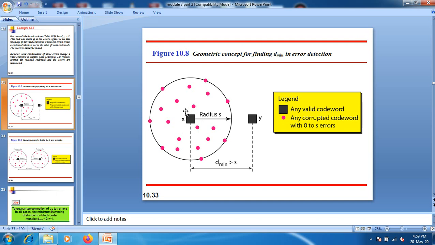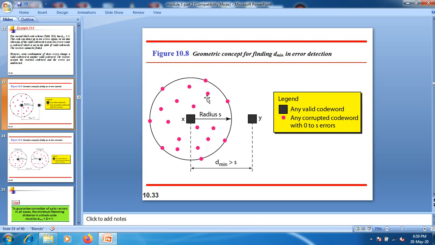If a 2-bit error occurs, what are the possible values we receive? 011 is one possible value, 101 is another one, and the third one is 110. All these possible values reside over this perimeter, and the remaining values reside within this perimeter.